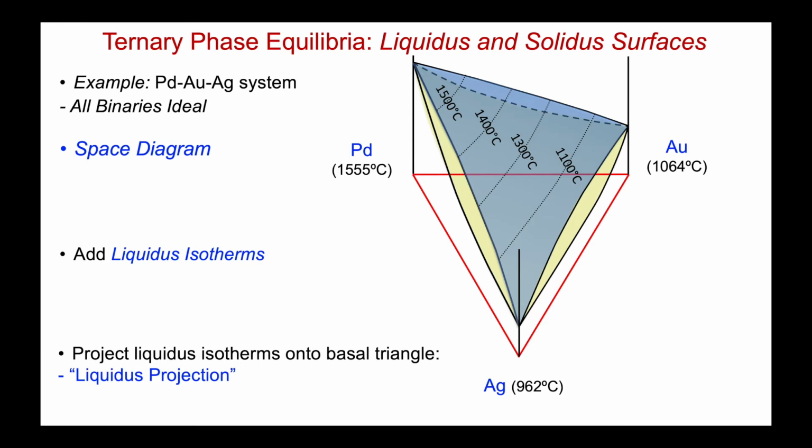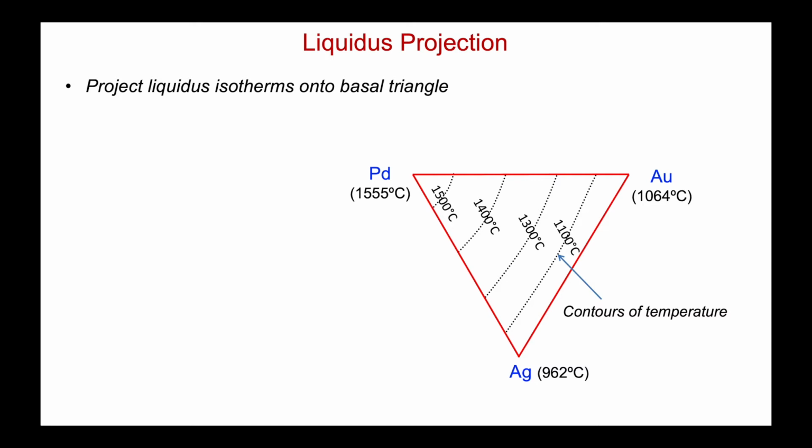What we can do to make this slightly easier to work with is project all of the liquidus isotherms onto the basal triangle. And when we project that liquidus information, that's called a liquidus projection. So let's project those isotherms down on the basal triangle. Let's get rid of the two surfaces. And this would be the liquidus projection for my palladium gold silver system.